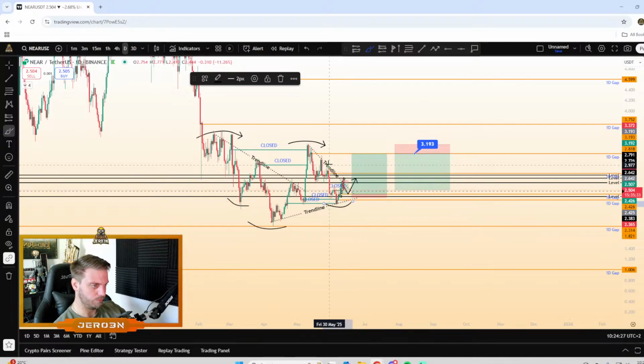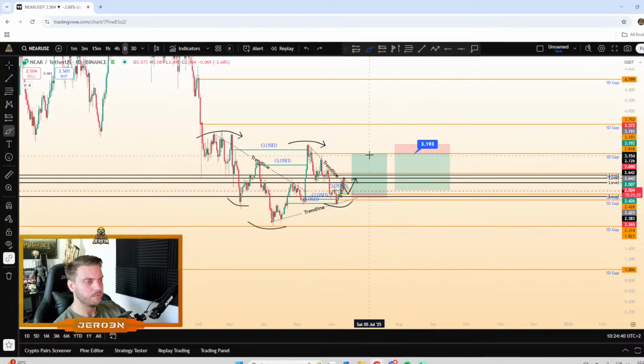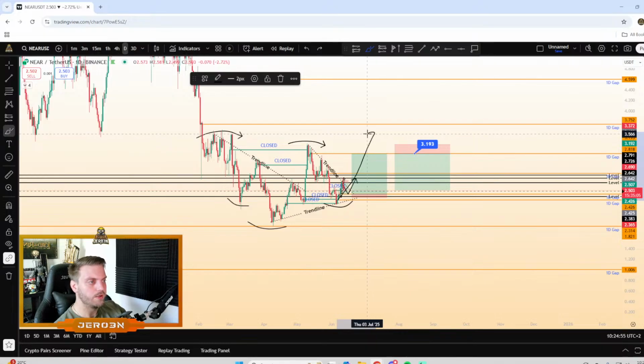So for us to break out of this trend, we need to push probably first to here, retest again, and then continuation up. But if we do, and we are going to battle this price here, in order for this to continue, we had this change of character here where we created this new higher low, we need to see a higher high.